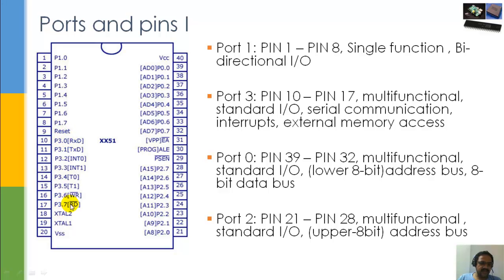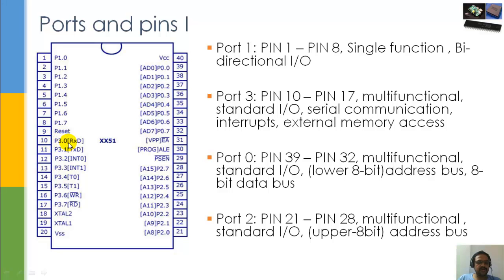This is MSB, the 8th bit. You can refer to a particular pin with either its port number, 3.0, 3.1, 3.2, or with pin number 10, 11, 12, 13 with relation to the chip. But the notation that I'll be using to explain will be in reference to the port number. We call this the port number, and we call this the pin number.